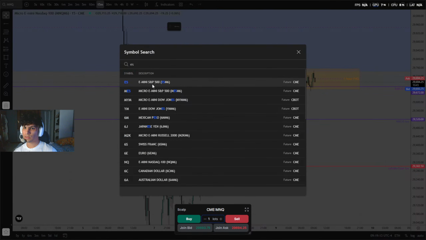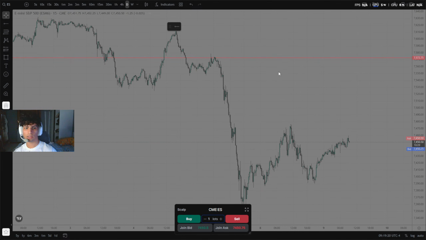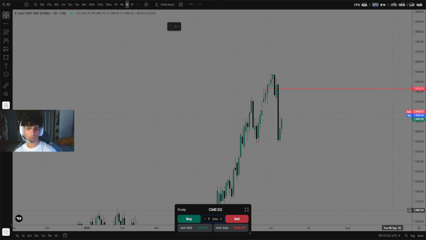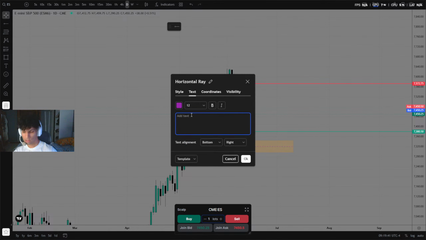And let's look at ES. ES, we have an SMT divergence. So ES is telling us that he is more willing to go to sell. If they could close above this order block in the daily, this one, OB in daily.